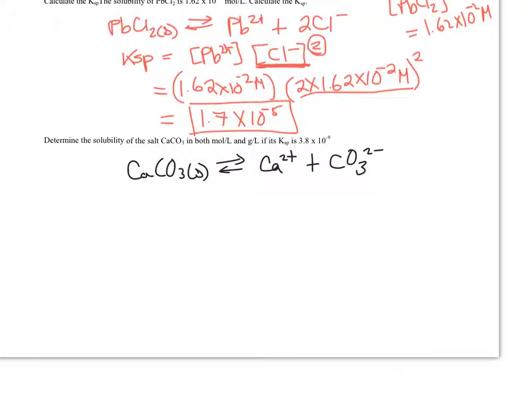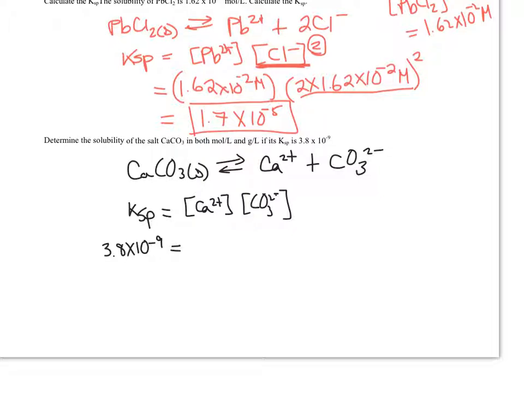We're going to write our KSP expression. It is the concentration of the Ca2+ times the concentration of the CO3 2-. Now in this case, they give us what the KSP is. They give us that it's 3.8 times 10 to the negative ninth.